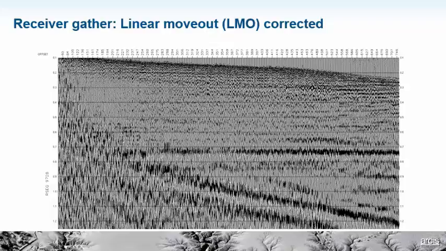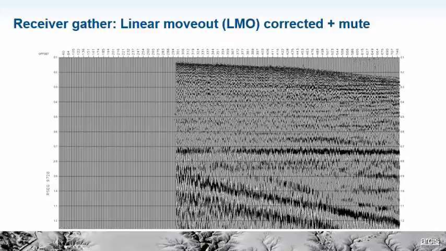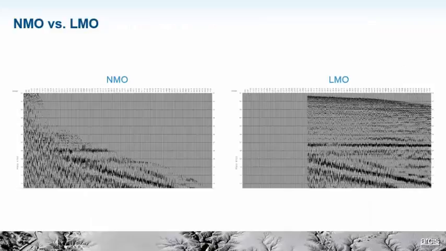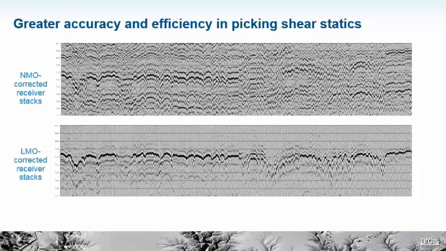But if you apply linear move-out, you can see that it is amazingly well able to flatten this high amplitude data over a large range of offsets. Of course, the data is dipping down in here because linear move-out doesn't work at the near offsets, so you simply mute that out. But then if you just stack the rest, you get some very good-looking receiver stacks in comparison to the near offset information that's been corrected with NMO.